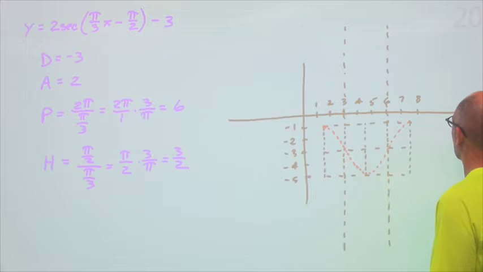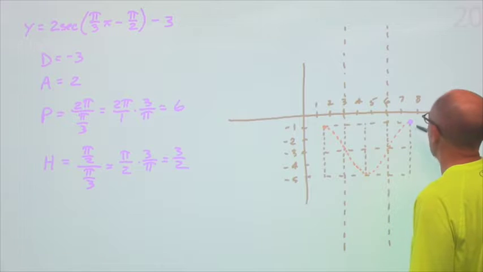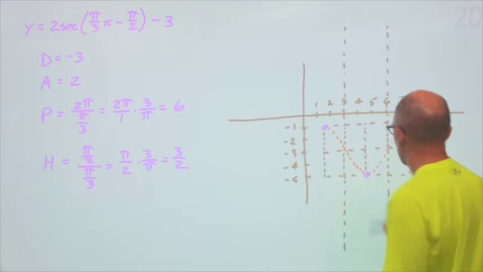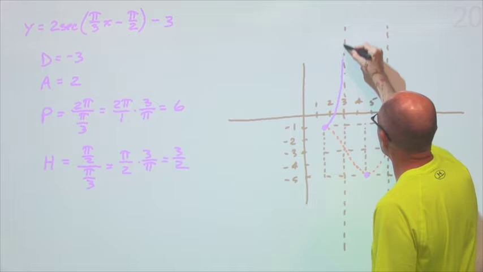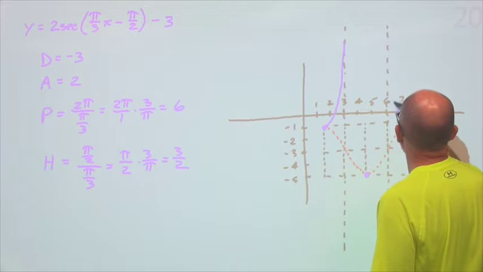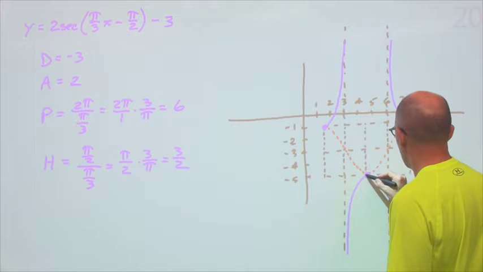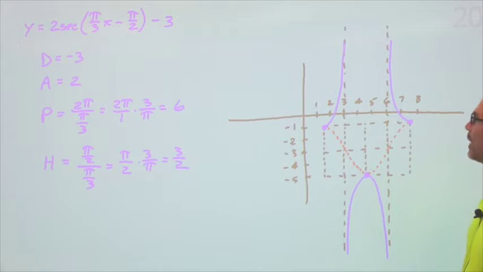And wherever it is at the top is my top value, and wherever it is at the bottom is my bottom value. So one period is going to approach the asymptote this way, and this way, and then this way, and that way. So there is your entire function.